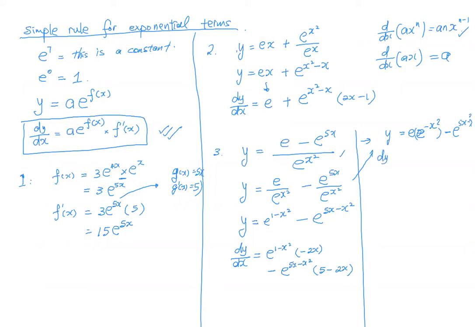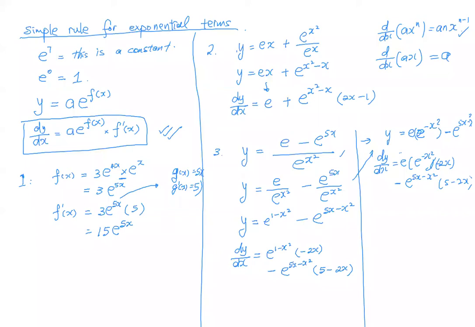So my dy dx will be e times e to the power of negative x squared times negative 2x. It's the same thing. Then take away e to the power of 5x minus x squared, then 5 minus 2x. So I can do it like that. So it depends on how you do the changes. Okay? So far, so good?